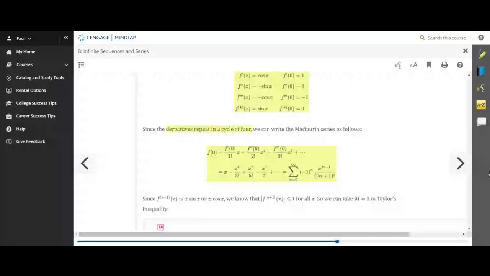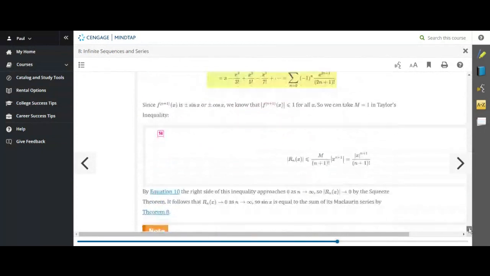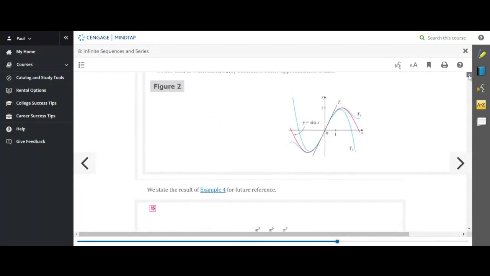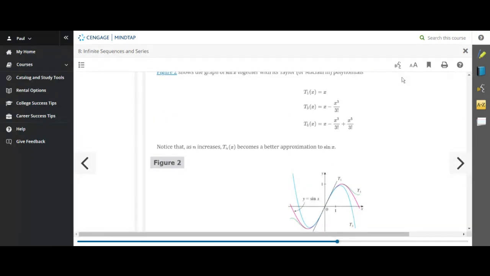So if I go to section 8.7, and this relates to example 4, here, what they've done in figure 2.